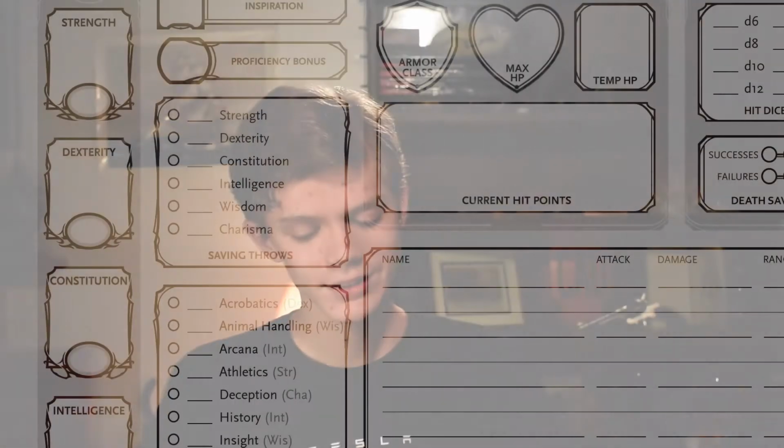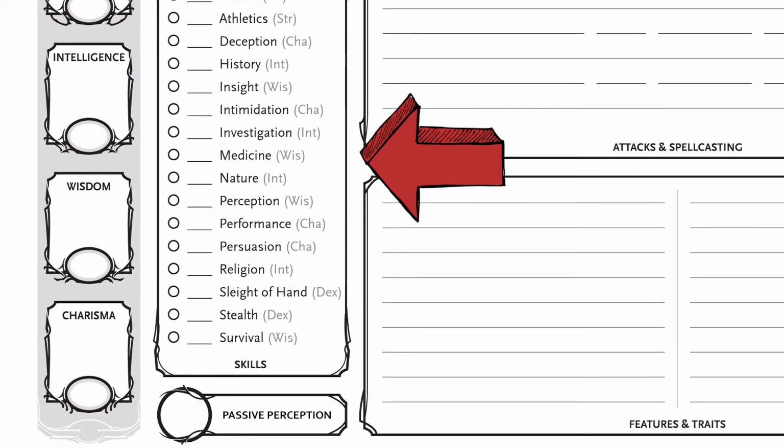Next, we have saving throws and skill bonuses. So essentially, saving throw bonuses, as you can see, they have strength, dexterity, constitution, intelligence, wisdom, charisma. So whenever you make a saving throw, if you're proficient in that saving throw, you will add your proficiency bonus to the result of your roll for that saving throw.